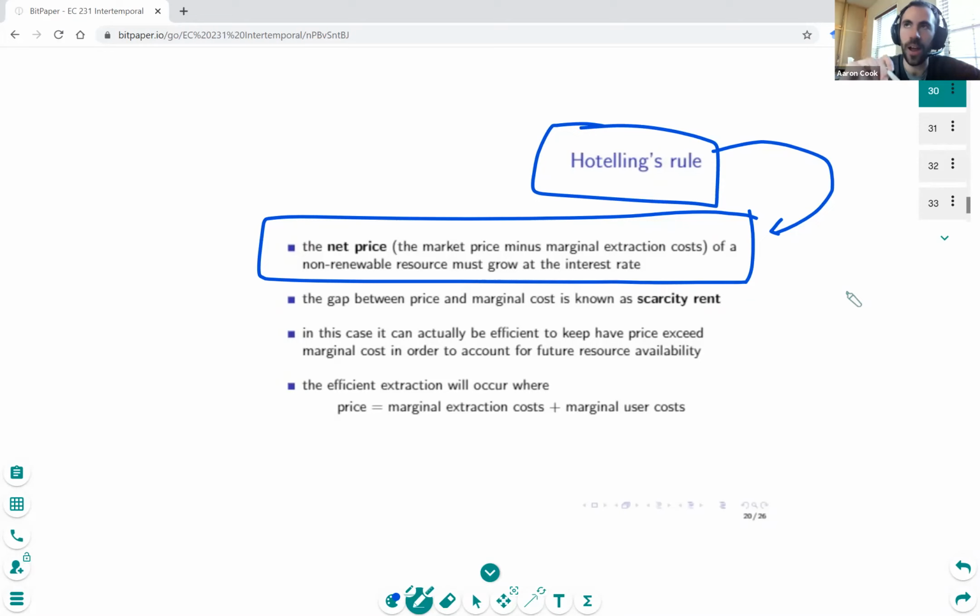It doesn't require monopoly ownership of the resource. This result still holds under competitive production of the non-renewable resource as well. And I explain that in the document.